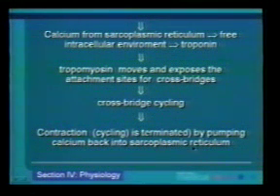Now, the calcium is released initially by a passive event. So you release the calcium from the sarcoplasmic reticulum by a passive event, but you have to know it is actively pumped back into the sarcoplasmic reticulum, and that terminates cycling, that terminates contraction.